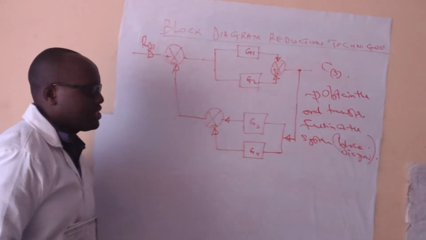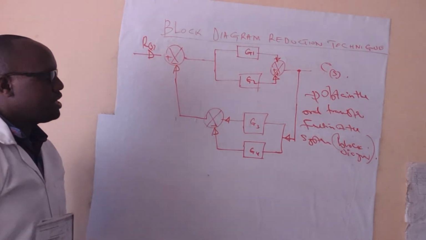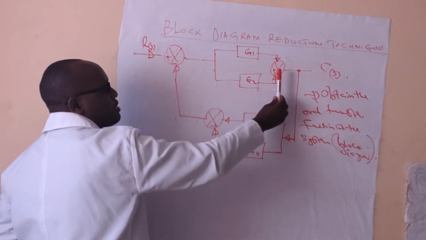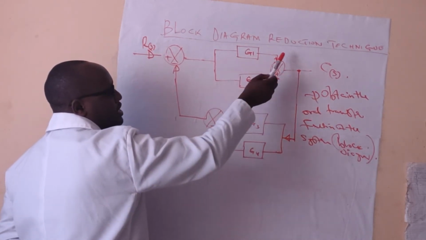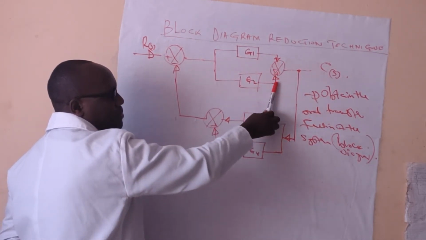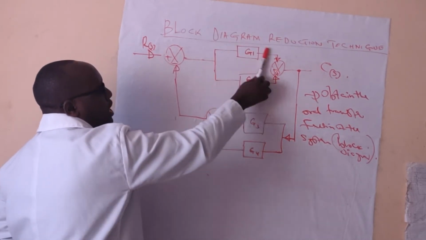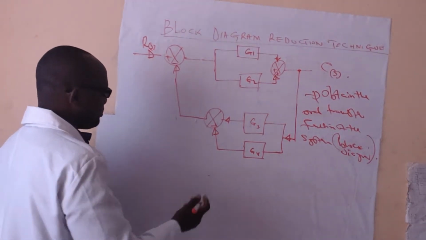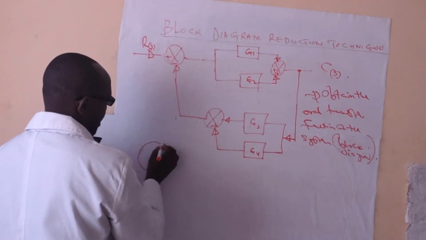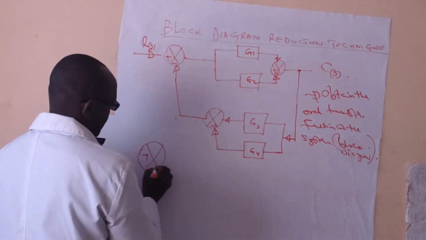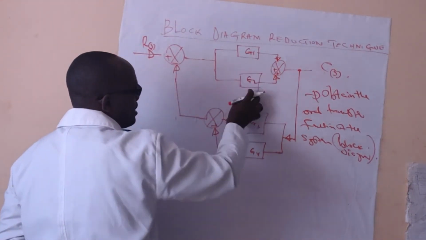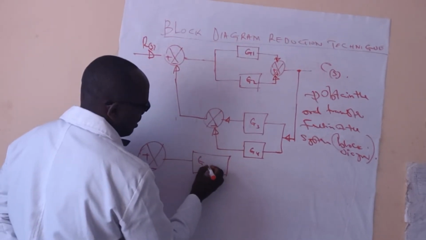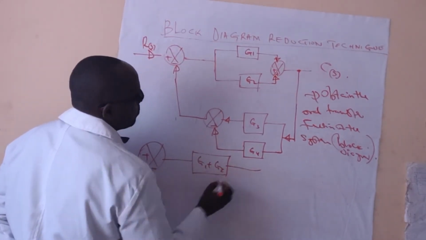Based on our rules, rule number 2: you see this is a summing point, plus plus, and this one is heading to the summing point, this one is also heading to the summing point. So we can reduce this by adding G1 and G2, and we shall have G1 plus G2.